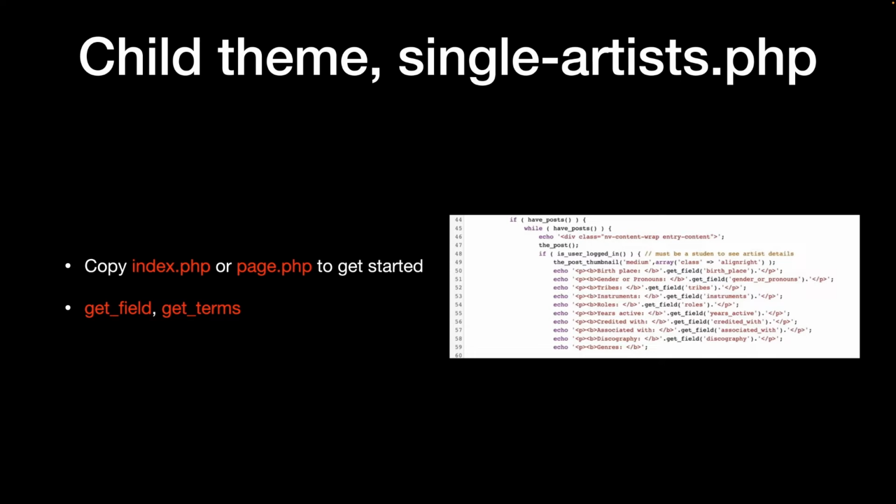And somewhere in that echo statement, I have a get field. And then for taxonomy, I have something called get terms. So basically, just a handful of functions are used to help visualize what goes on the artist's page. So I just define this one time, and it's used for every page, every instance that people want to browse an artist.